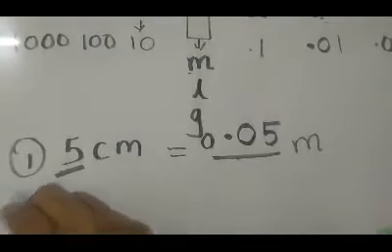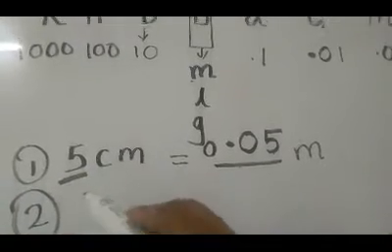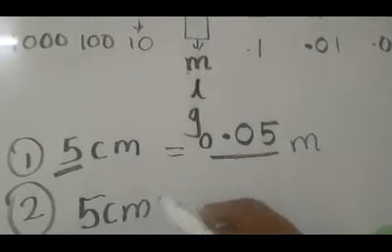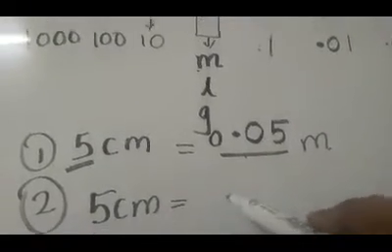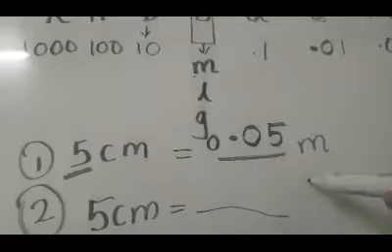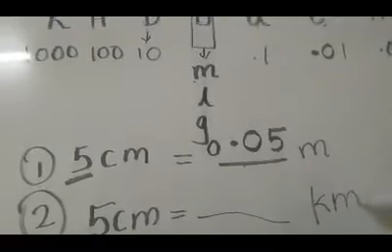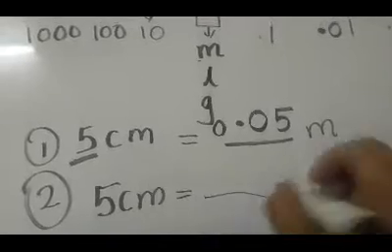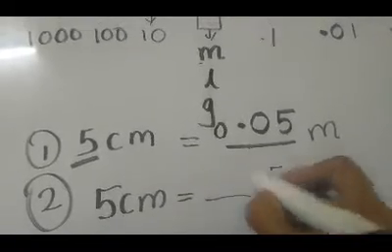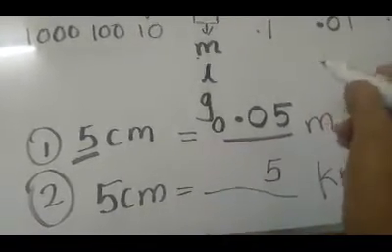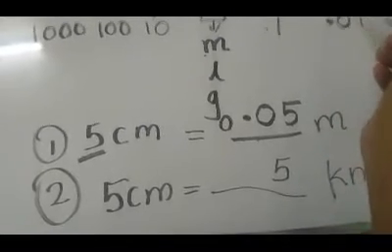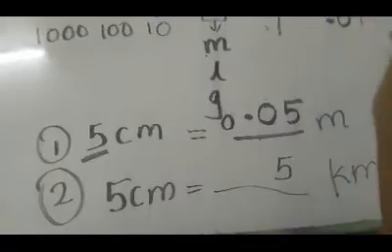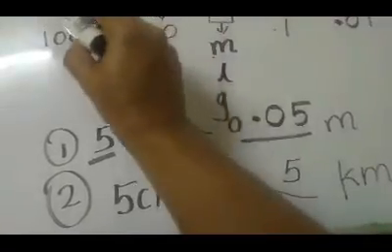The second example. If I want to convert 5 centimeter into kilometer. See here, first I want to write 5. Then this is centimeter. From centimeter I want to go to kilometer. This is kilometer.